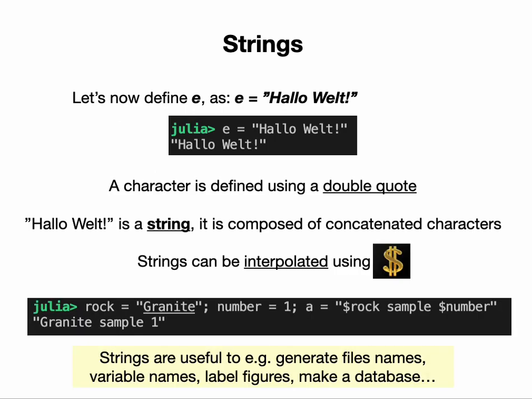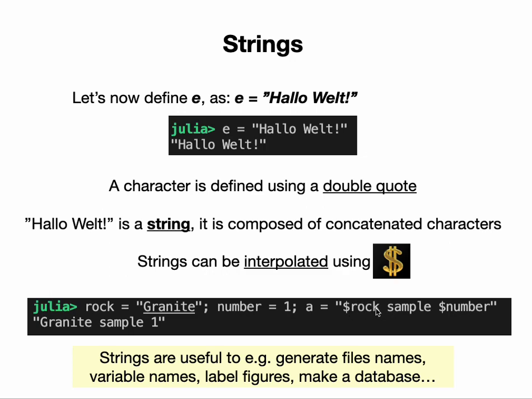Another thing that can be done is string interpolation, and this is when you see the dollar sign. Here we are doing a very similar example. We've defined a variable rock, but now the number 1 is assigned to the variable number. So number is equal to 1, and we construct A as a double quote, dollar rock.